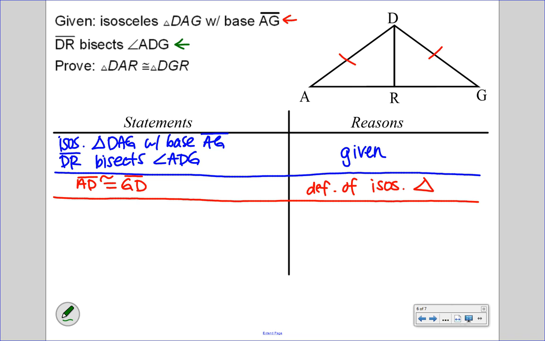Our next given is that DR is bisecting angle ADG. So DR is going to bisect that angle into two congruent pieces. I call that one the happy face because it kind of looks like a happy face when I draw it. So that bisector cuts that angle into two equal or congruent angles. So we can say angle ADR is congruent to angle GDR because of definition of angle bisector.